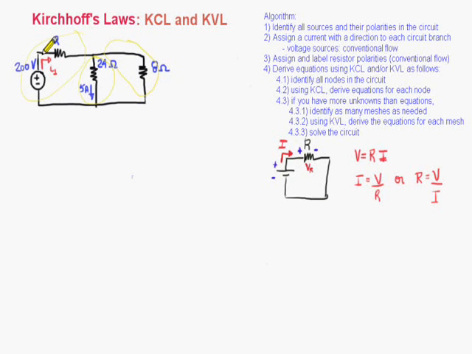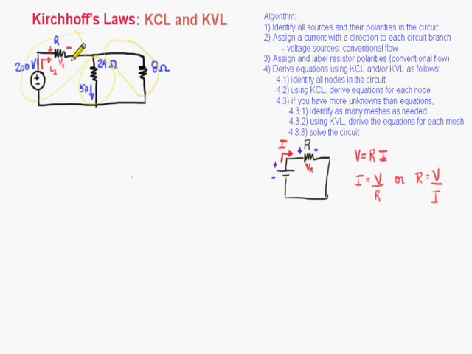The polarity of the voltage drop across my resistor will be positive here, according to the tip of the arrow, and negative here, and this will be my VR, or let's write this V1, since we have I1.